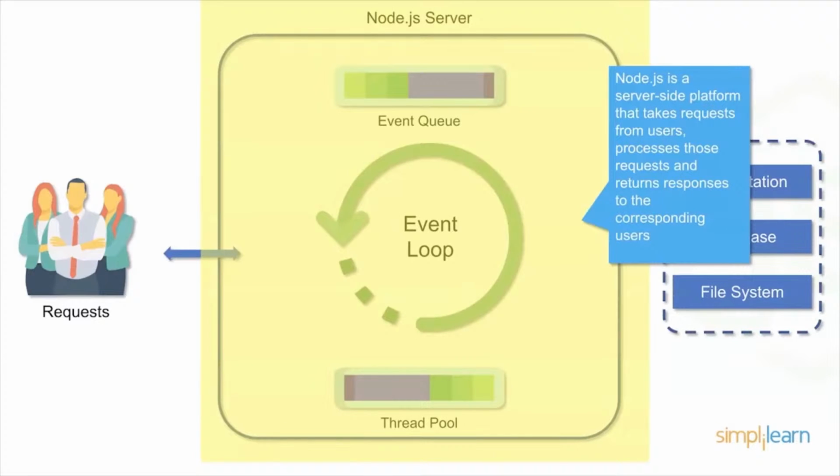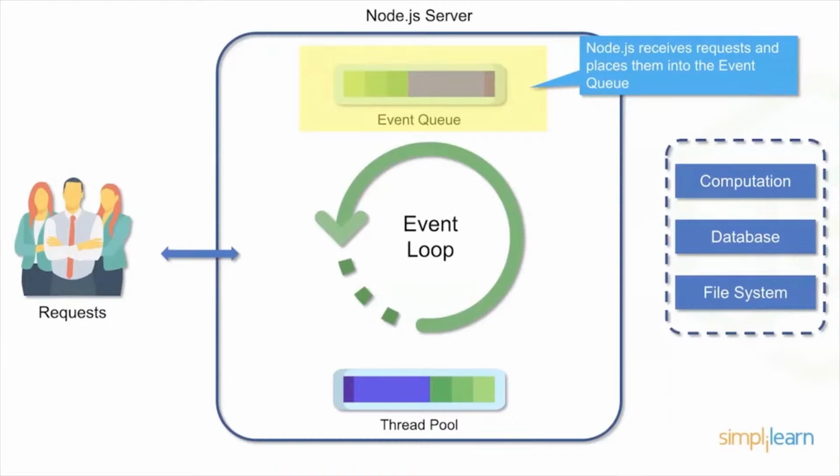Now, once that request actually hits the server, we start getting into the queuing and threading process that centers around the event loop. And this is where Node.js really excels, because it's able to use that single-threaded model to manage anything from just a few requests to tens of millions of requests. So it receives the request and starts the event queue.